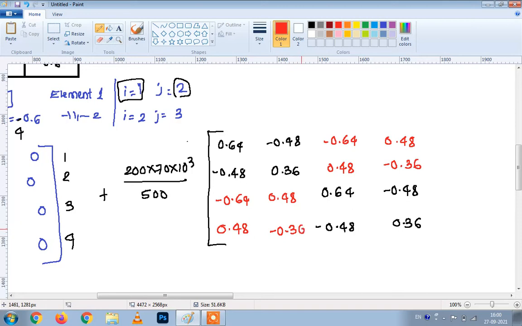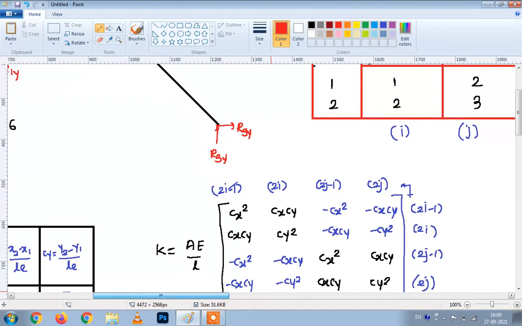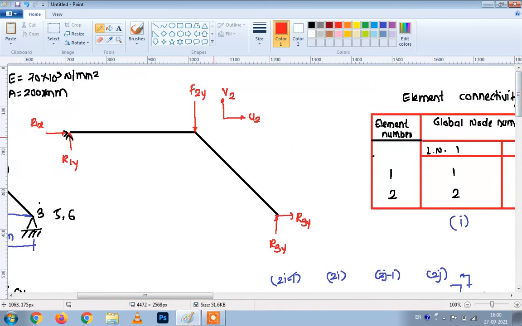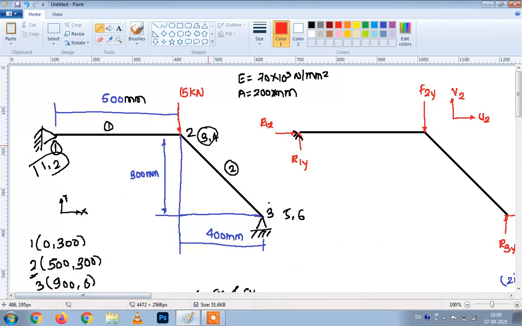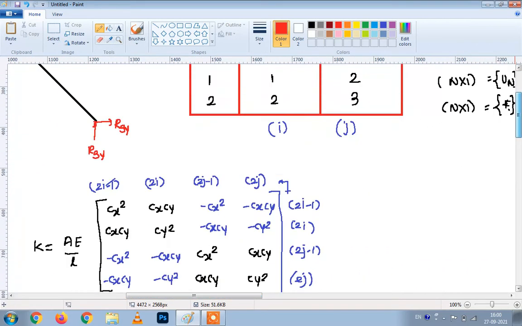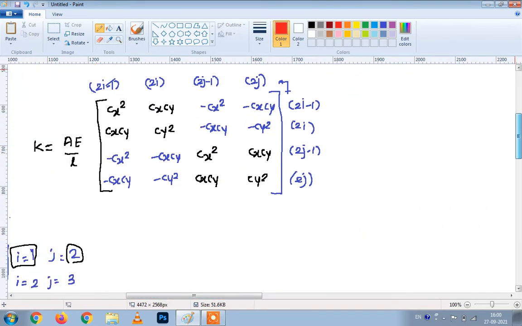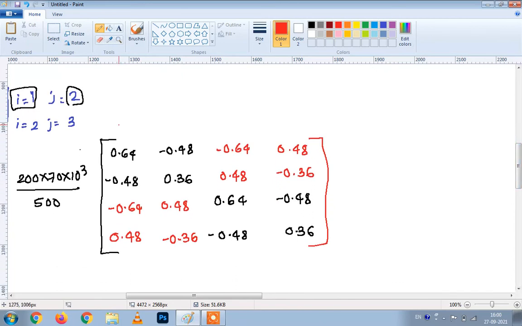Here now the degree of freedom for this particular element will be 3 4 5 6. So either you can calculate like this, or you can simply write it in this form, 3 4 5 6.